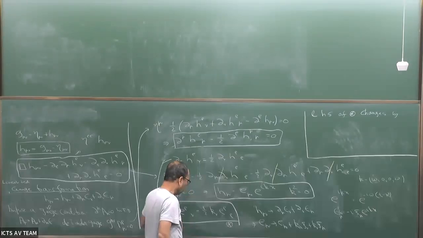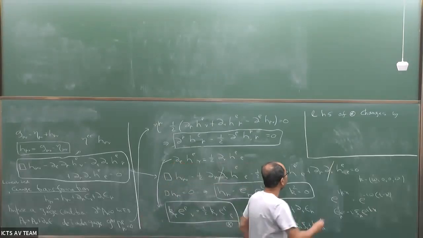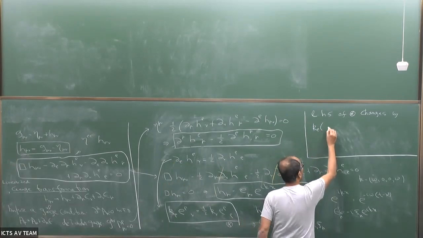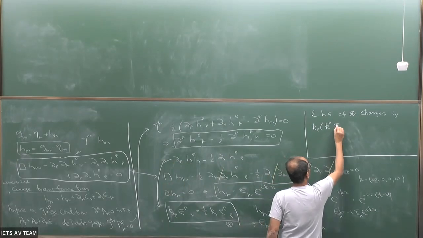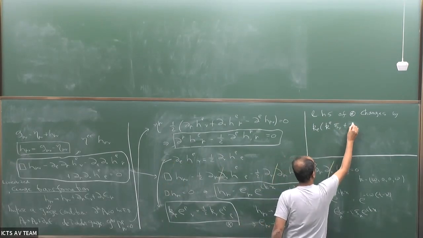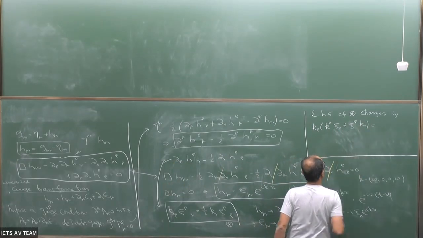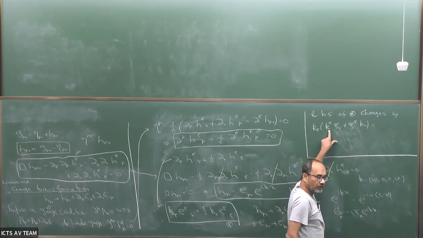So k rho times this, k rho times k rho xi nu plus xi rho k nu, which is, since k square is 0, the first term goes away.